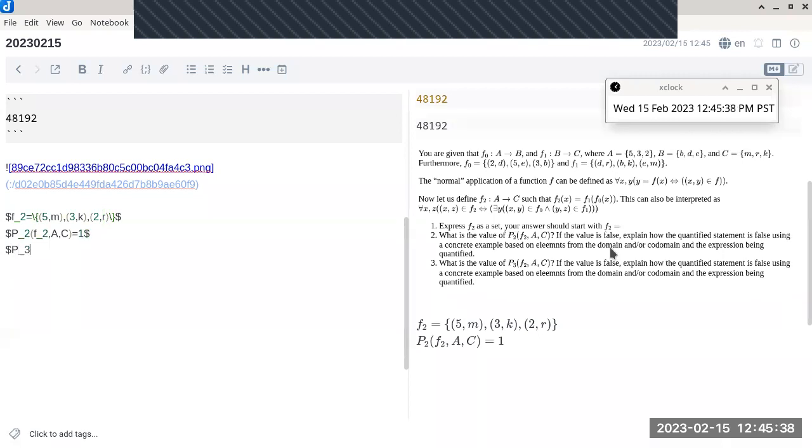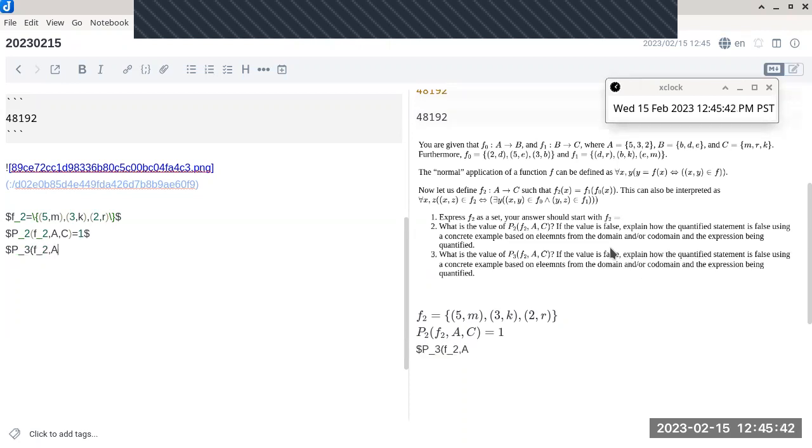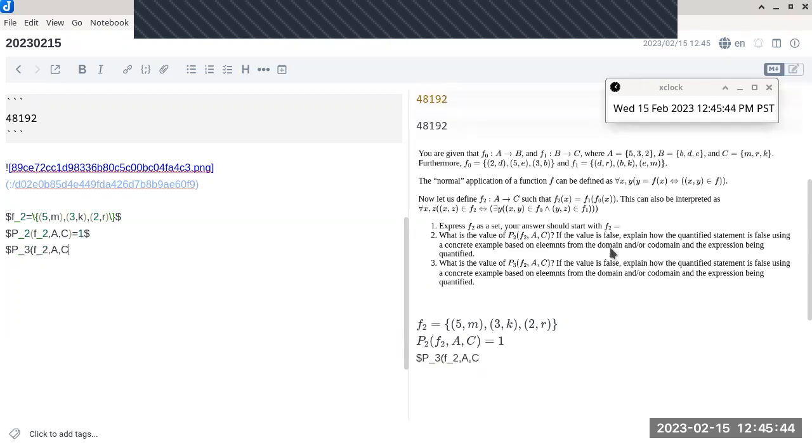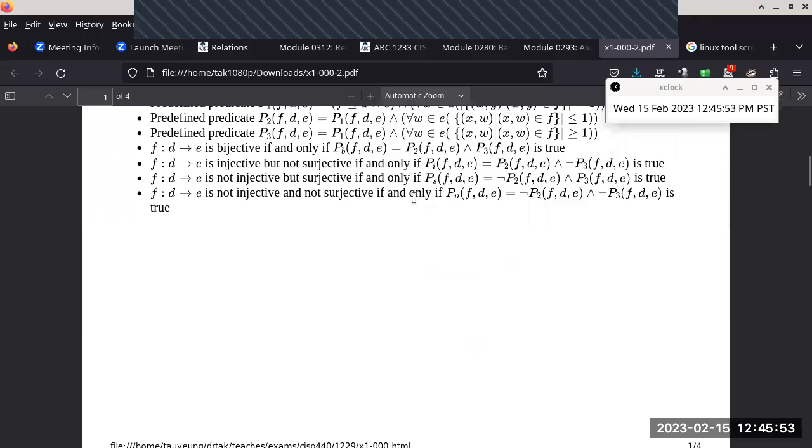So now we have to move on to P3. P3 applied to F2, which is the function, A is the domain, C is the codomain. Now we have to find out what it is supposed to be. If we go back to the question here, P3 is asking, is every element in the codomain mapped to? I don't care how many times.